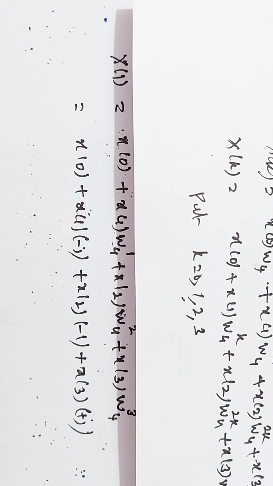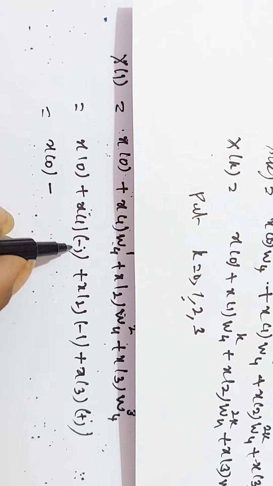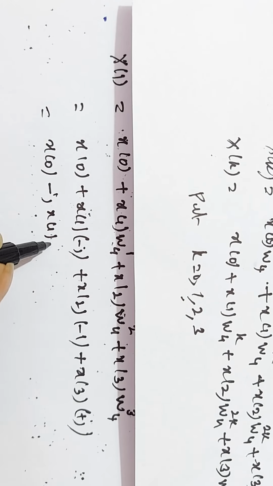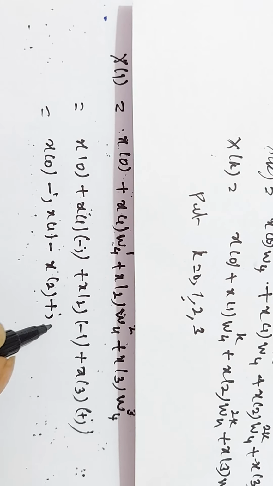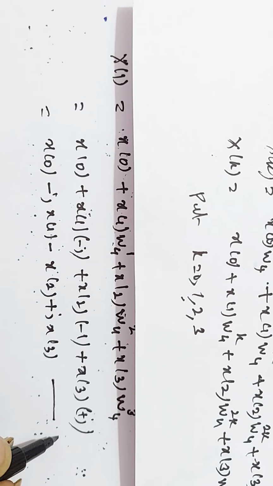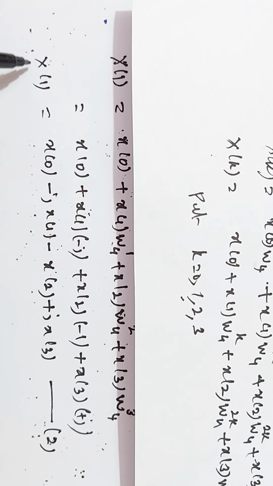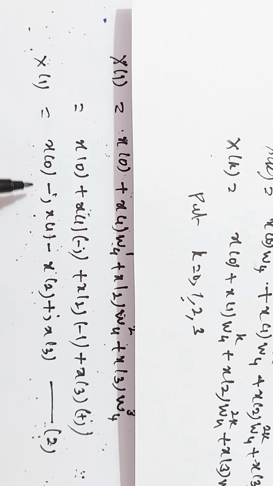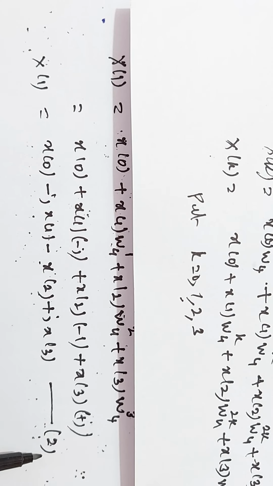Now multiplying this, you get x of 0 plus minus j into x of 1 minus 1 into x of 2, minus x of 2 plus j into x of 3. This gives the second point DFT equation. X of 1 is the second DFT point, which is given by x of 0 minus j x of 1 minus x of 2 plus j x of 3.